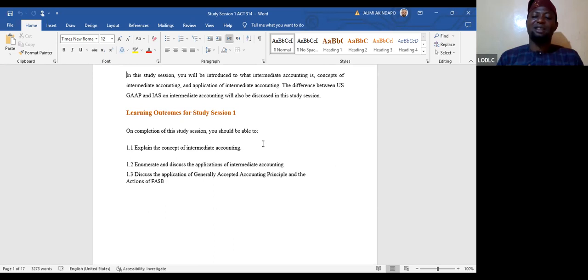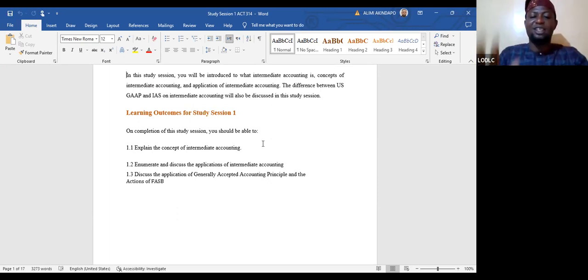It is student-centered in the sense that students are saddled with the responsibility of understanding and explaining the concept of intermediate accounting, of enumerating and discussing its applications, and lastly, of discussing the application of generally accepted accounting principles and the actions of FASB. Those are the responsibilities students are expected to achieve at the end of this session.